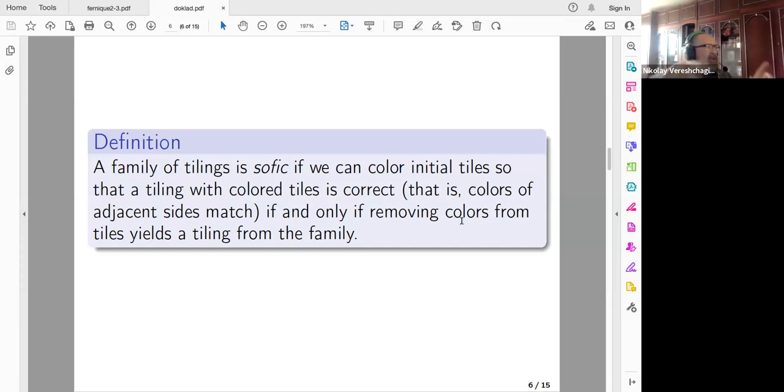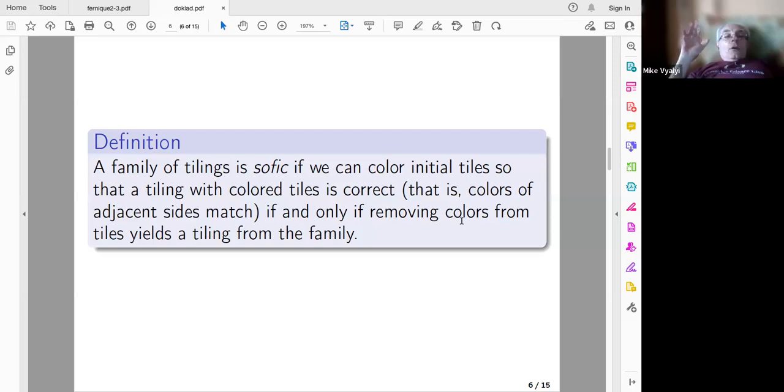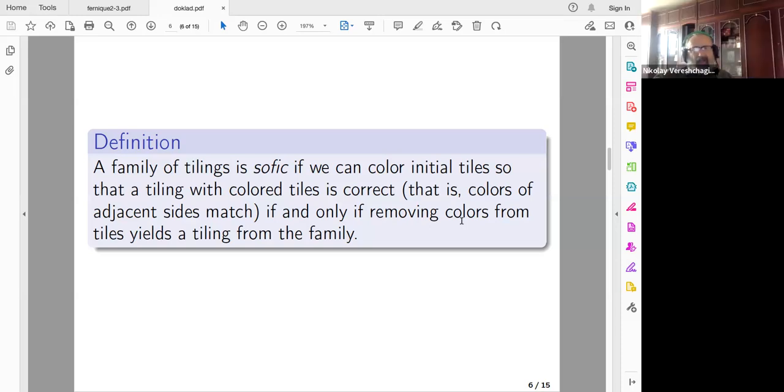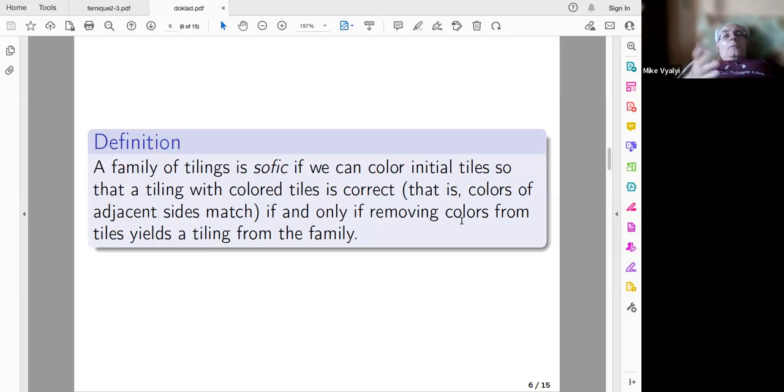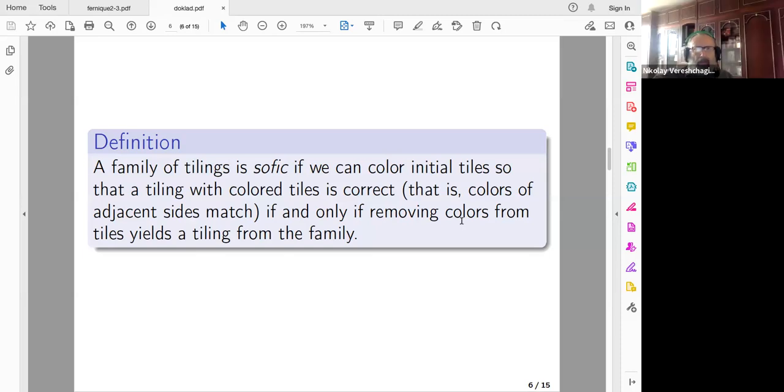The local rules stipulate that tiles are adjacent only side to side, and the colors of the adjacent sides match. I meant that colorings may be different. Colorings can differ, of course. The local rule in this setting is very simple: just the colors of sides should be equal. Yes. Okay.